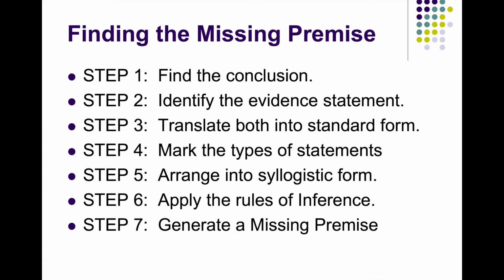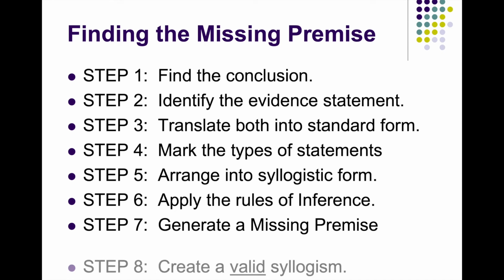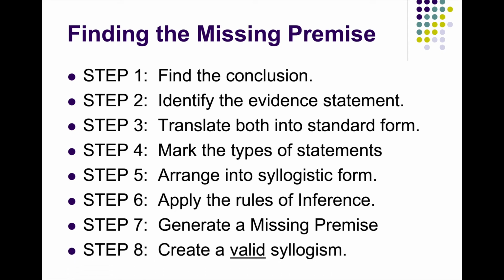So you use those rules of inference to generate the missing premise, and then once you do that, you can just test it and make sure you've created a valid syllogism. So let's look at a few examples, and I think the process of generating missing premises will become clearer as we work through these examples and apply these steps to different natural language arguments.